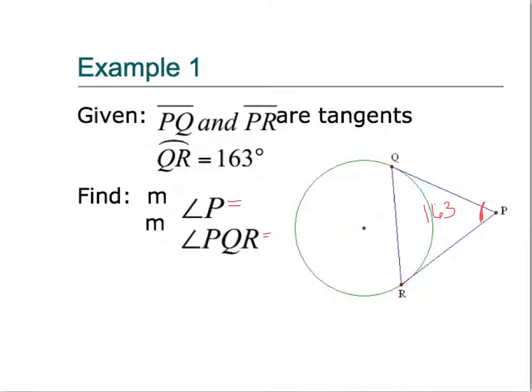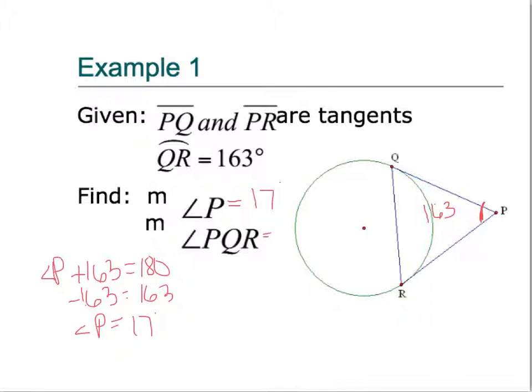So to find angle P, I'm going to say angle P plus 163 must add up to 180. I subtract 163 from both sides, and I figured out angle P is 17 degrees, all from that theorem that I just learned on the previous slide.